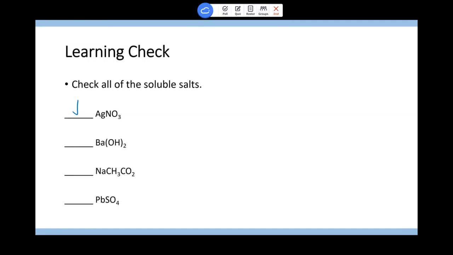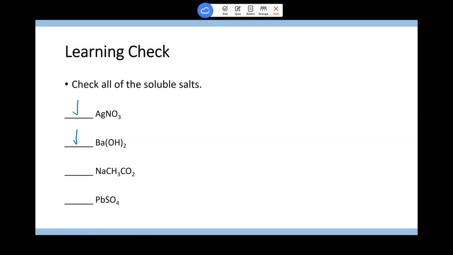The next one, barium hydroxide, this is one of our strong bases. We can look to the solubility guidelines, and it follows solubility guidelines that this is a soluble salt. But we also know that it's a strong base, and strong bases dissolve fully into their ions.